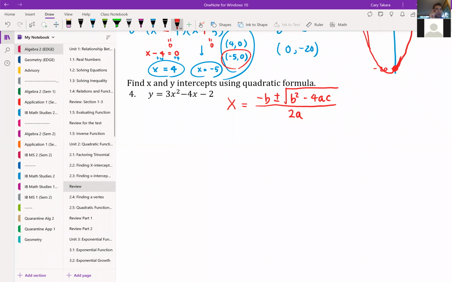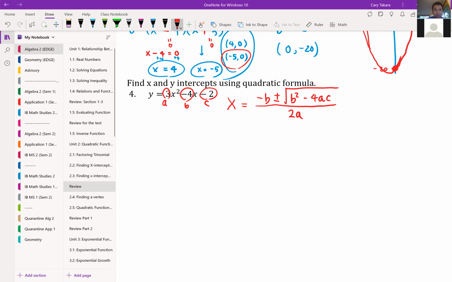And let's identify what a, b, and c are. Okay, it's very important that you do that. a is 3, b is negative 4. Okay, the sign always belongs to the number on the right. And then c is negative 2.